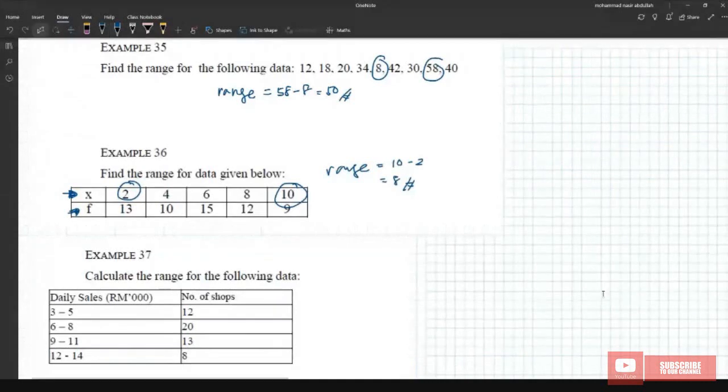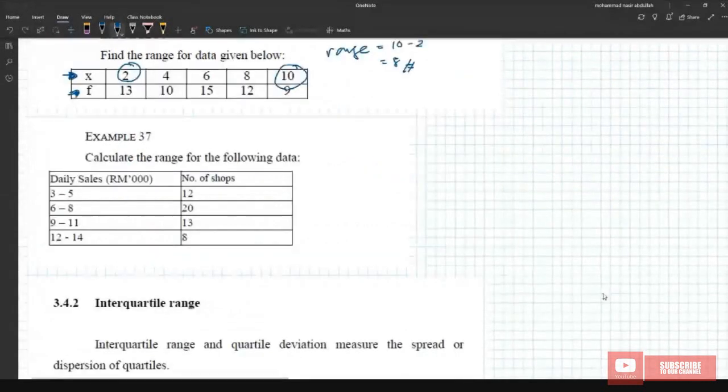Now we look at example number 37. This is grouped data. We have a class size. So range should be the upper class boundary of the last class minus the lower class boundary of the first class. If you look at the class size, we don't have a class boundary yet.